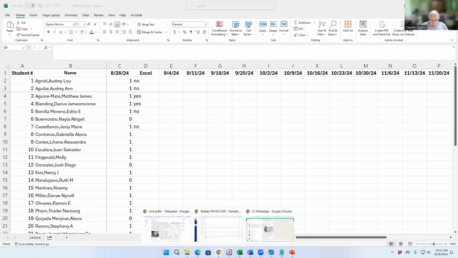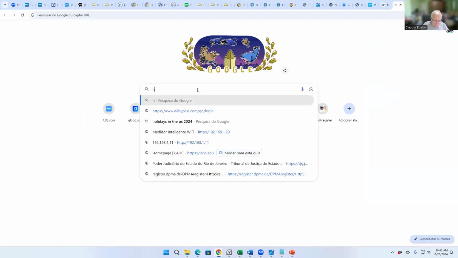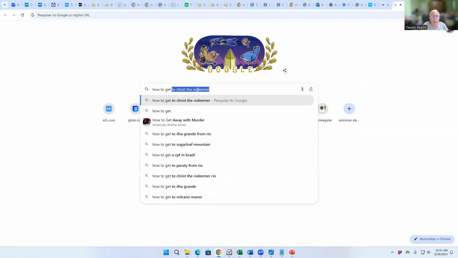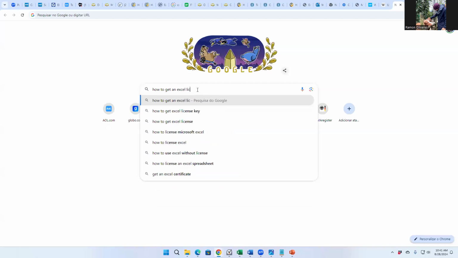Let's see if we can find something here on the internet. How to get Excel. Professor, off the Outlook email, I can go to the apps and use the Excel on the browser. Is that all right? Okay, yeah, but I believe you can also download it to your hard drive and even get a license code.